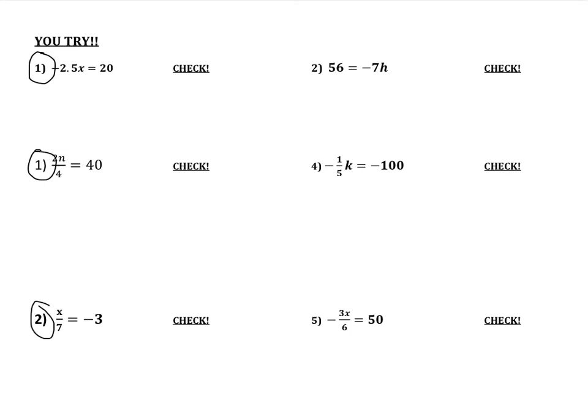So try those three. Now, when you get to something like this one, I want you to show two methods. Show me two ways that you could solve a problem like number one. And down here on number 2, I want you to show me two methods that you could use to solve that one. When you come back, I'll have your answers posted. So go ahead and pause the video and try these 3 problems.